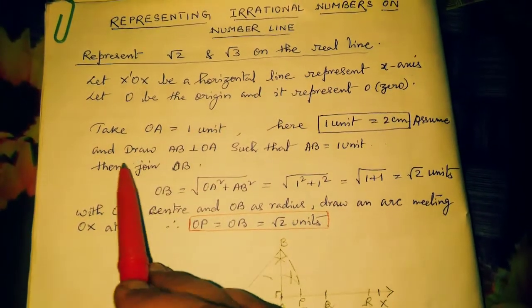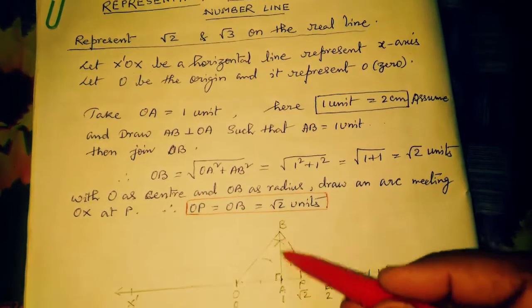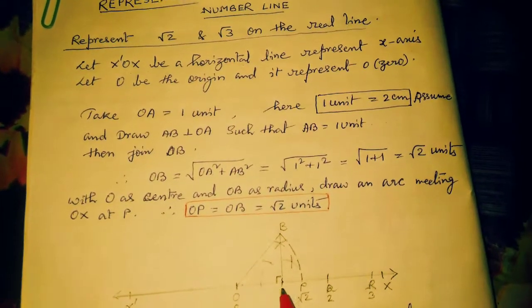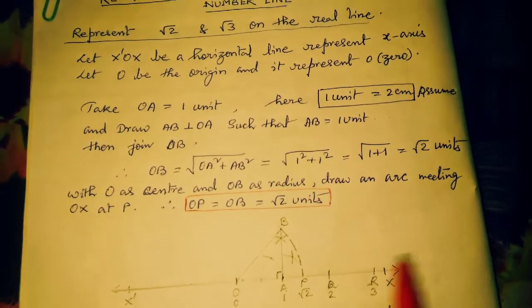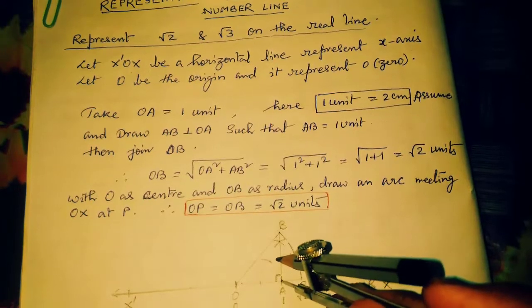So after that, what will you do here? Draw AB perpendicular to OA. So this AB we draw perpendicular to OA, from the point A. At point A, I have drawn this 90 degrees.